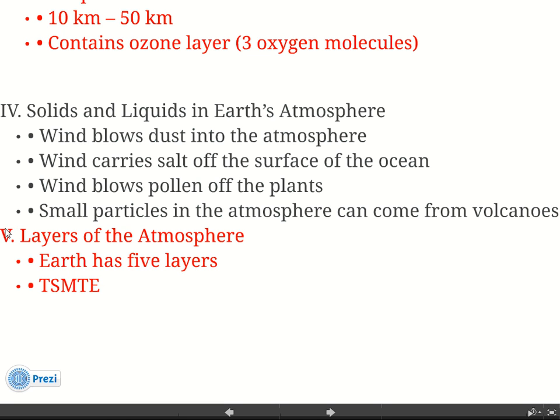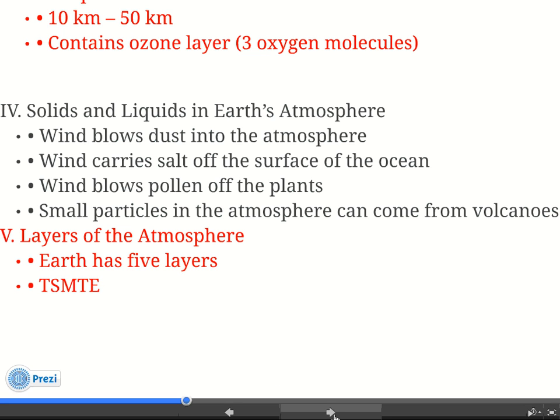So now under where you finished off from the other day, you're going to write Roman numeral 5, layers of the atmosphere. Main idea 1 is that Earth has 5 layers. Main idea 2 is the acronym TSMTE. And we will work with that acronym so that you can learn and memorize the 5 layers of the atmosphere.